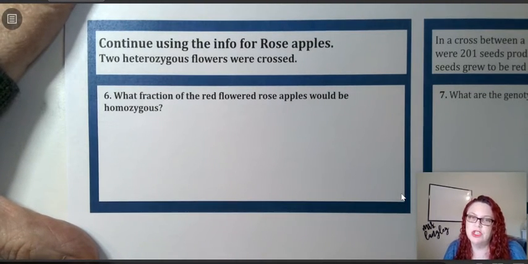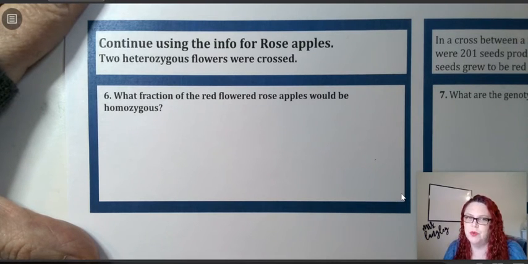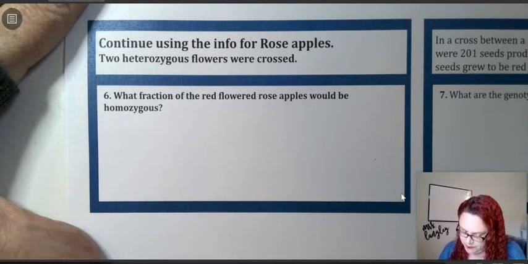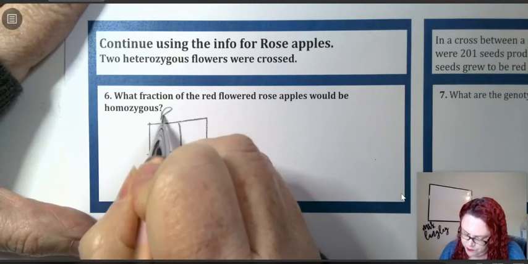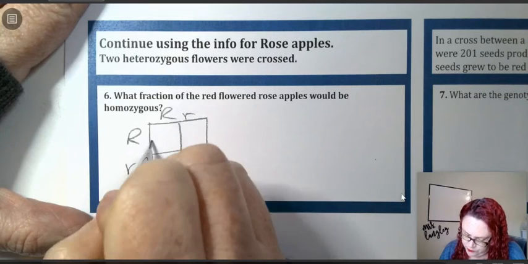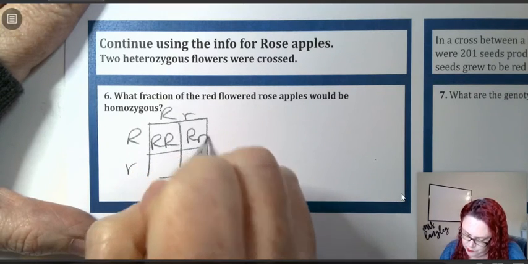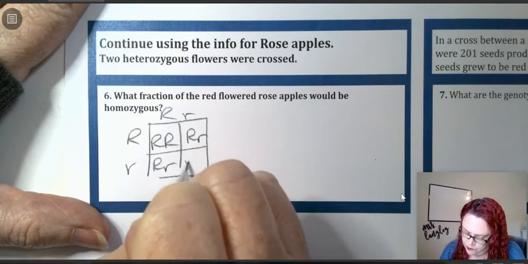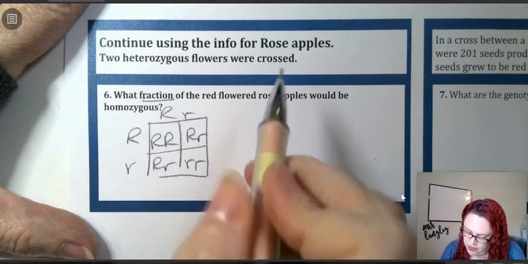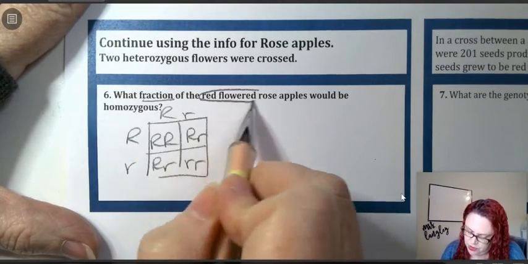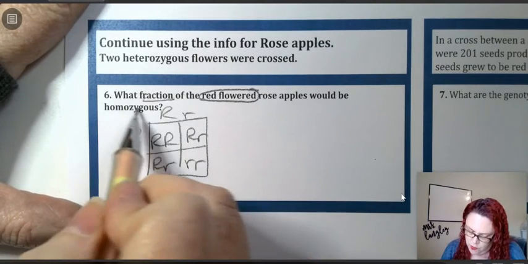Okay, what fraction of the red flowered rose apples would be homozygous? So let's look at our box one more time. So it says what fraction of the red flowered would be homozygous.